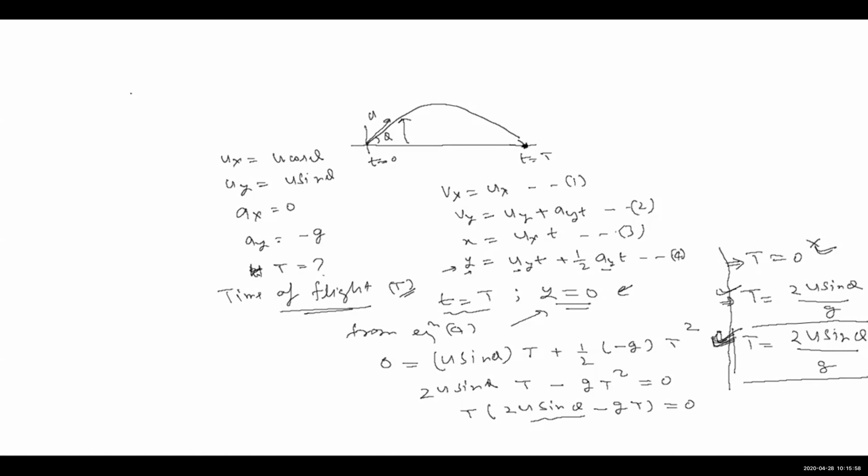Okay, once you do it, now try to get Vy as well. Try to get the velocity along the y-axis at this instant. Calculate that using the second equation. Calculate the velocity along the y-axis, and then tell me.